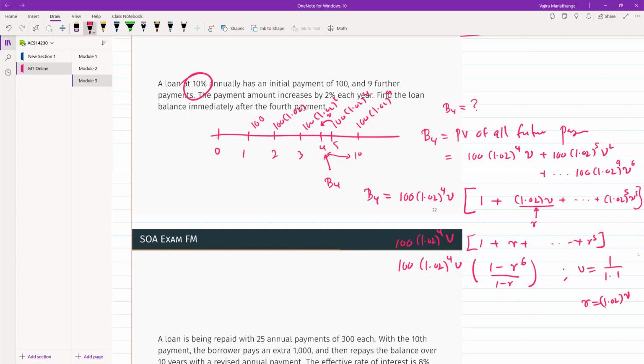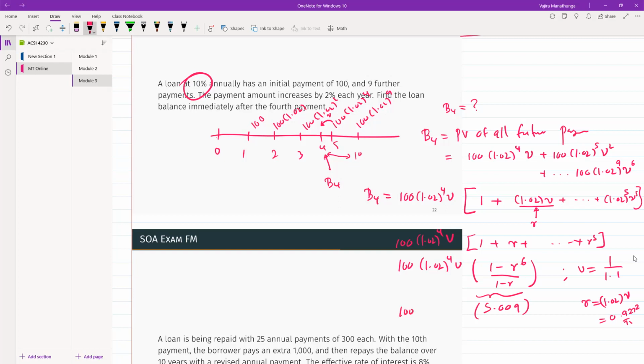So let me see 1.02 divided by 1.1. So R is actually 0.927272. So it's continuing, so it's to the power 6. And this part would be 5.009.